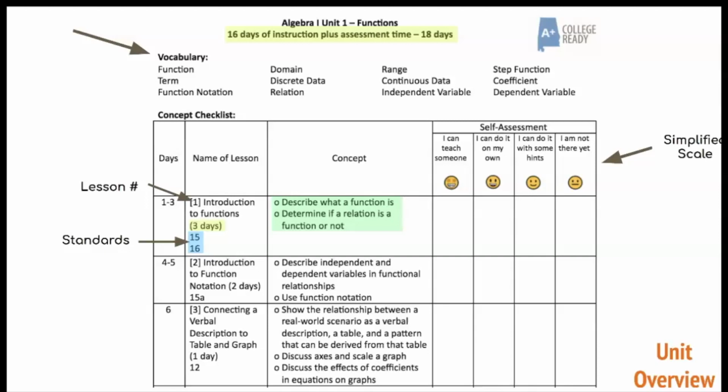And at the conclusion of lesson 1, they should be able to self-evaluate and see where they are at on their ability to understand how to determine if a relation is a function or not, and to describe what a function is. So they can rate themselves anywhere from I can teach someone all the way to I am not there yet. This will also give you an idea of what students need additional support for each lesson.